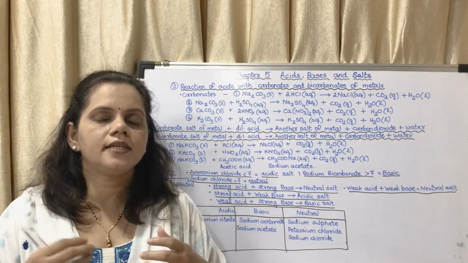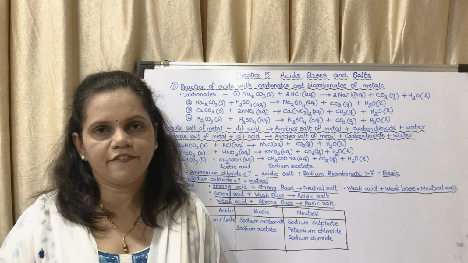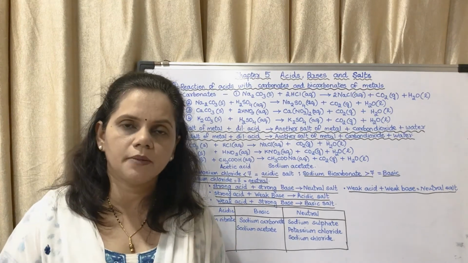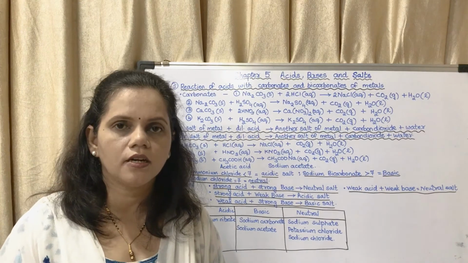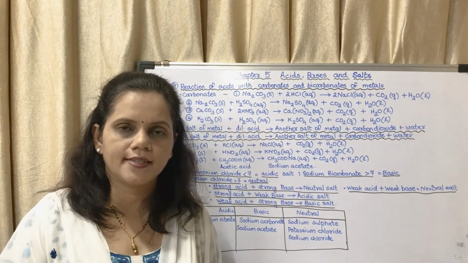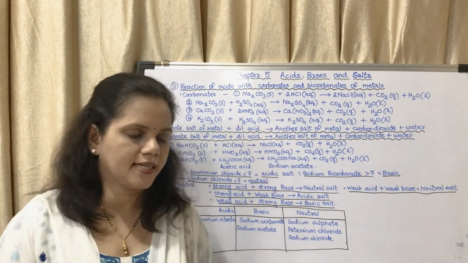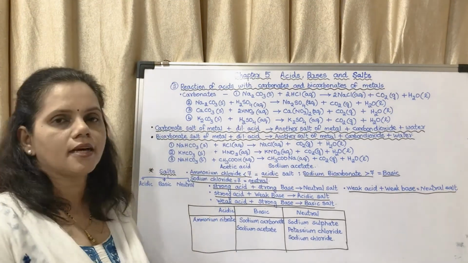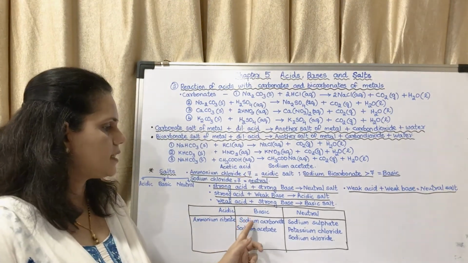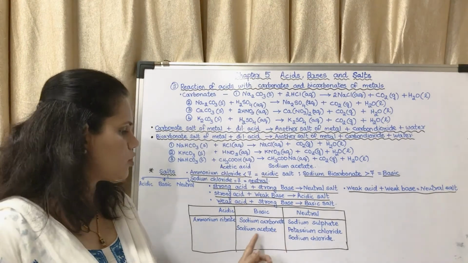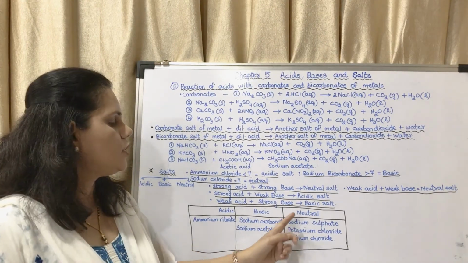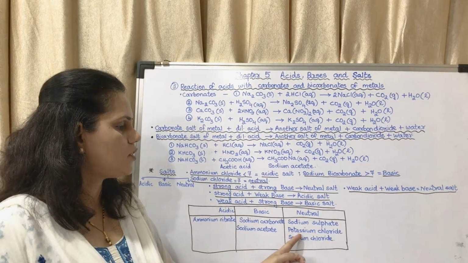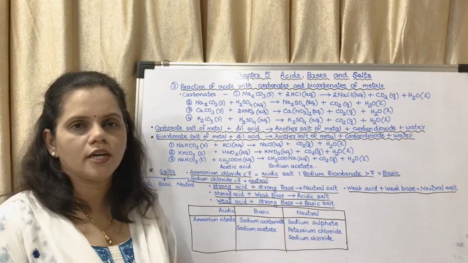If you are not able to understand, you may just learn it. There are two questions in your chapter, first is this and one is in the exercise. The acidic salt is ammonium nitrate, the basic salts are sodium carbonate and sodium acetate, and the neutral salts are sodium sulfate, potassium chloride and sodium chloride.